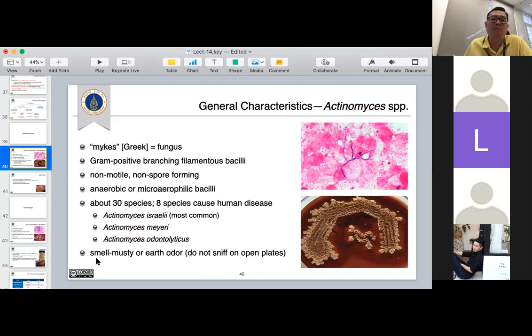They smell musty, like the earth smell when the rain drops and the rain finishes. You smell the soil, something like that. Actually, it's the muddy smell, because they are rich in soil.